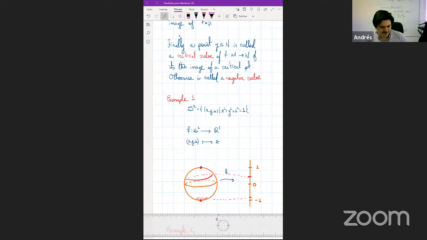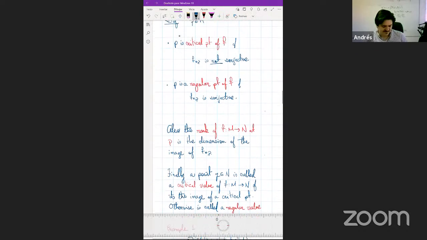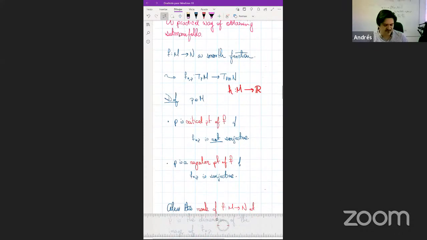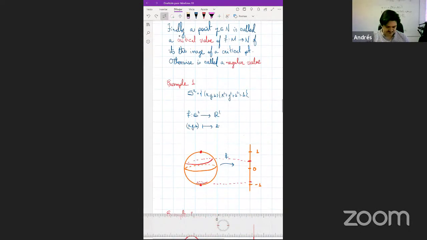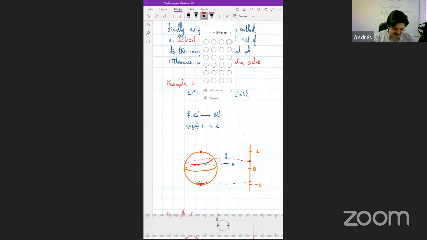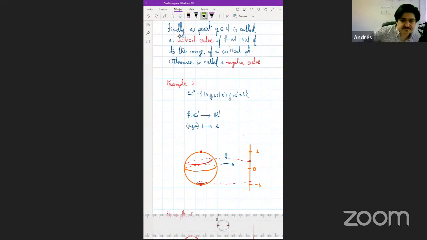Okay, I'm not going to do the calculations directly. I have to look at this linear map in order to know if I have a regular point or a critical point. But let's use the geometry of our problem to decide that. Okay, then. Let's look at one of the circles. Take a point here, right?